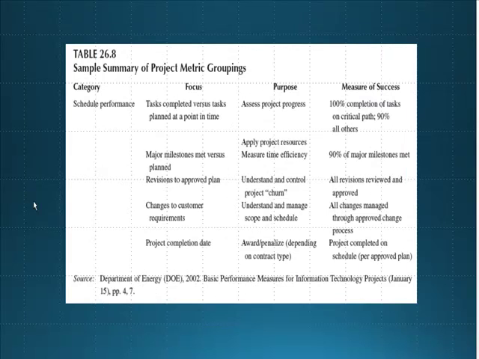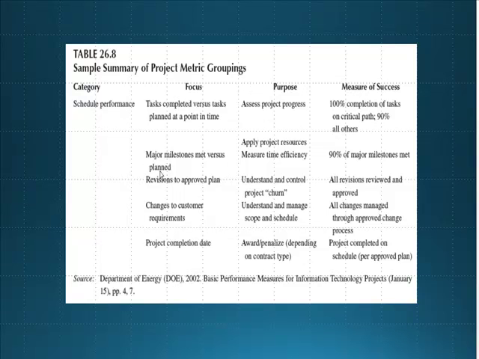Here is a simple summary of project metrics groupings. If you look at the categories for schedule performance, the focus might be on different aspects. For instance, the first focus might be tasks completed versus tasks planned at a point in time. The purpose of this focus is for us to assess project progress, and the measure of success will be 100% completion of tasks on critical paths or 90% on all others.